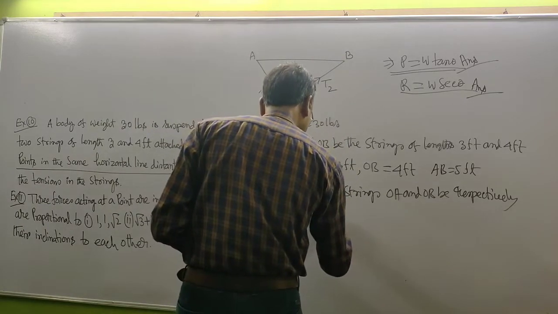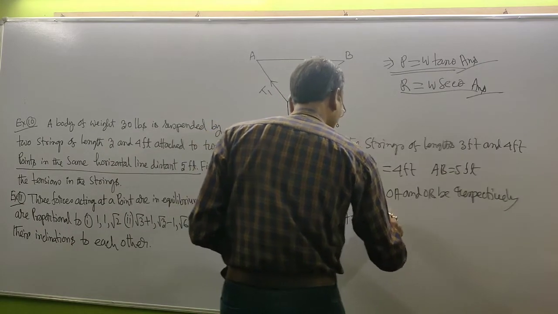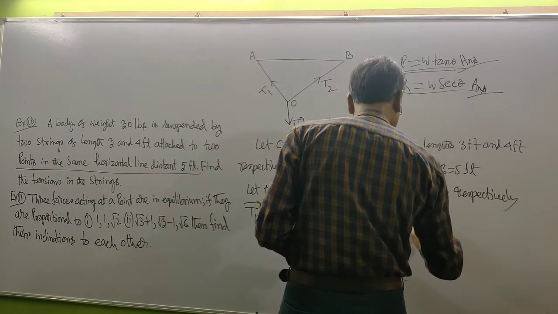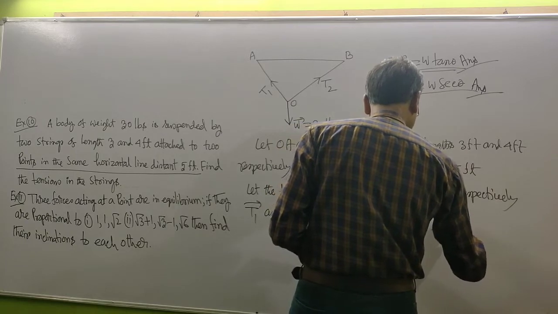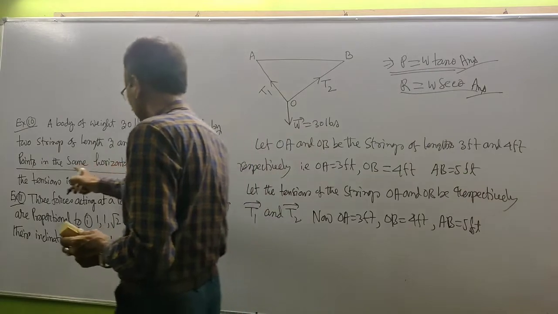Now, OA is equal to 3 feet, OB equal to 4 feet, and AB is equal to 5 feet.